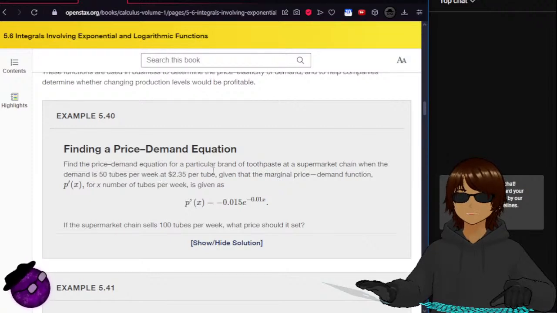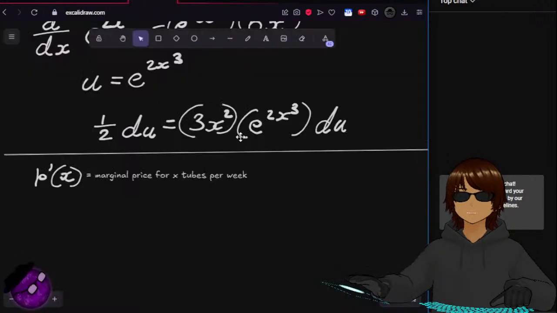Price demand equation for a particular brand of toothpaste at a supermarket chain when the demand is 50 tubes per week at 2.35 per tube. Oh, this is the price demand function. Oops.